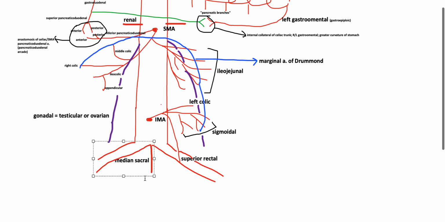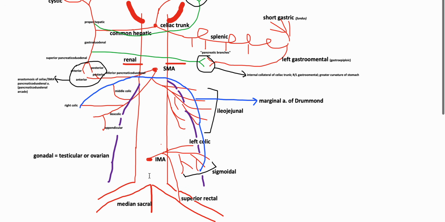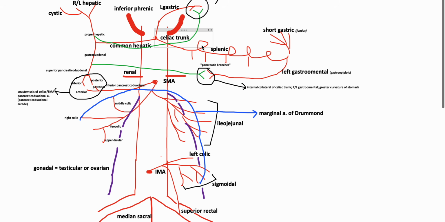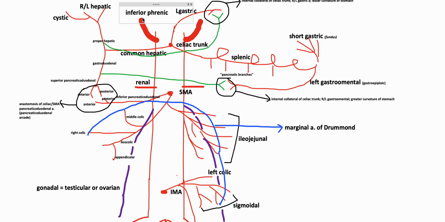All right, and we will finish by drawing the branches of the abdominal aorta that supply the adrenal glands. So, our inferior phrenic, our renal artery, and the abdominal aorta itself will all give branches going to the suprarenal glands. So I'm going to draw these in, let's say, light blue.